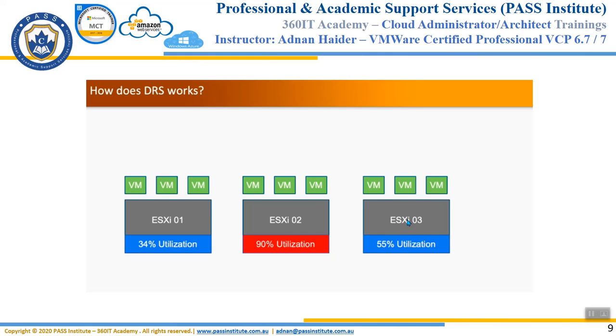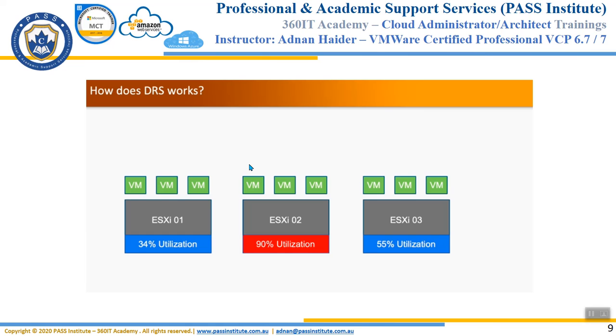If CPU reaches above 80%, and we can set up that threshold, 80% or 90%, or RAM is used more than 80% or 90%, in both cases it will move a VM to a less utilized ESXi host. So that's the main purpose of DRS.